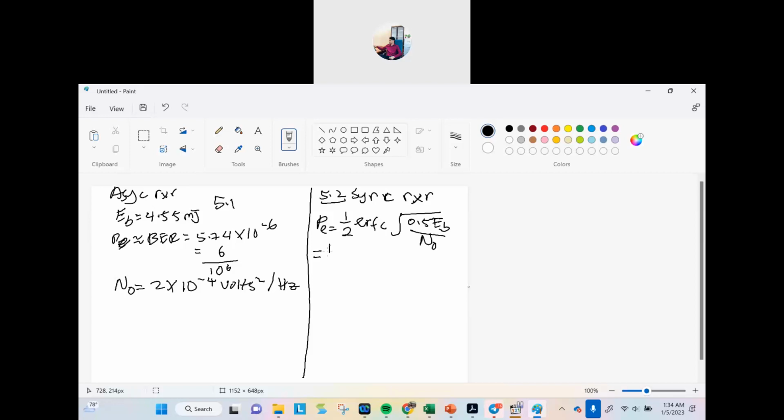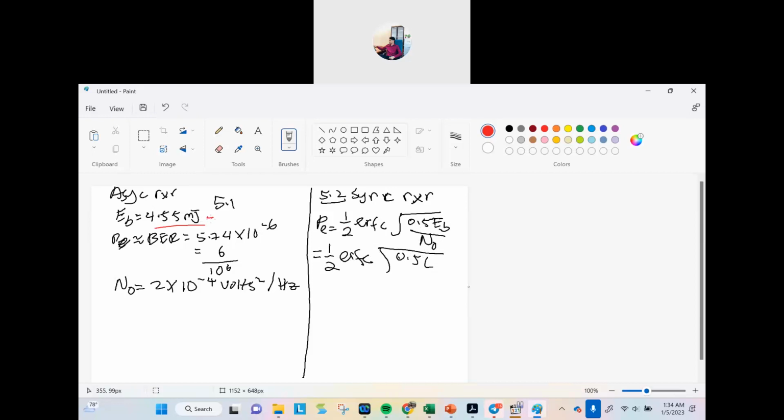So using the information from example 5.1, the EB is 4.55 millijoule, so 0.5 EB, the one we get from example 5.1. Now we are using it again.